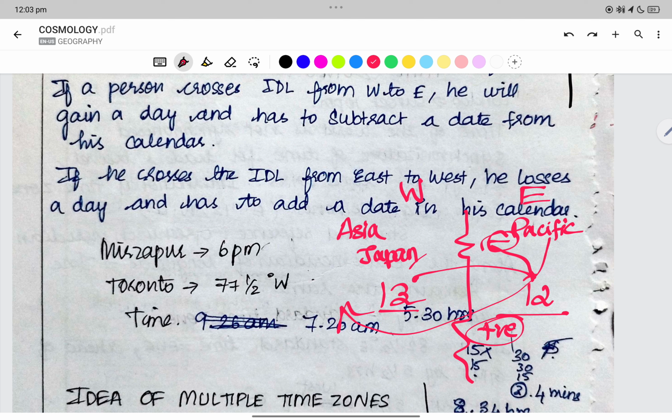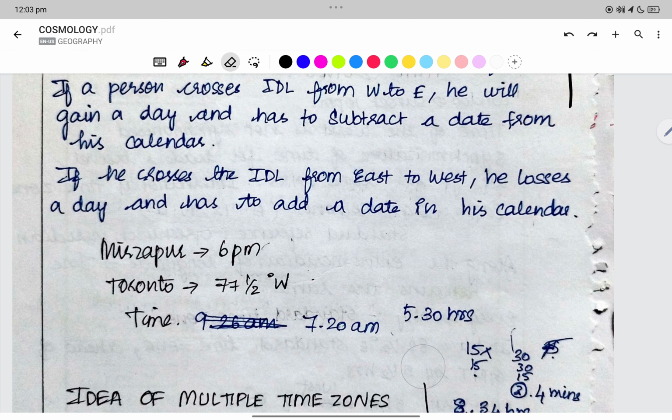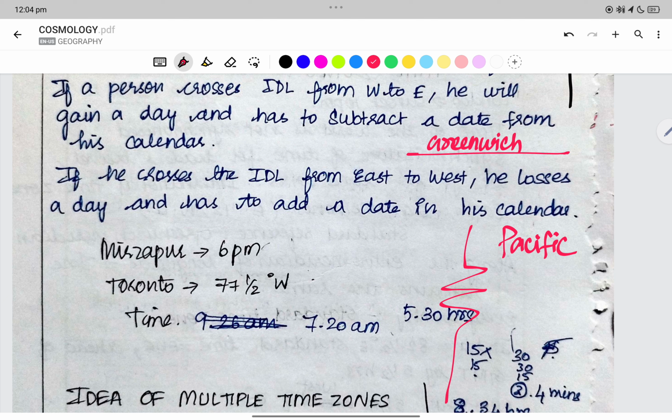For the international date line alone, the west to east rule changes. You have to draw the international date line before calculating. For time we take Greenwich Mean Time, but for the international date line there is a line passing through the Pacific Islands. Here we have the Pacific, and here we have the US.